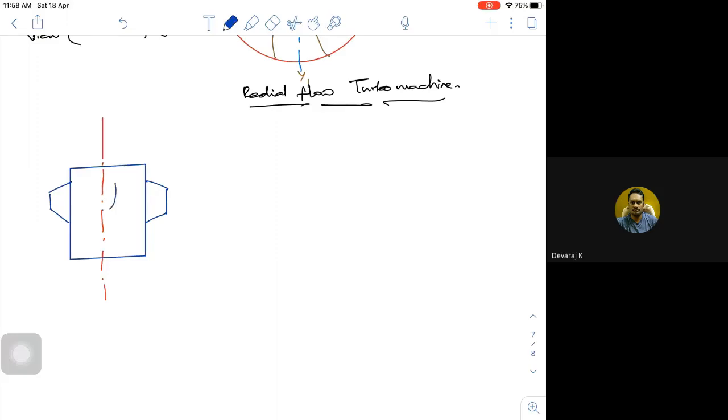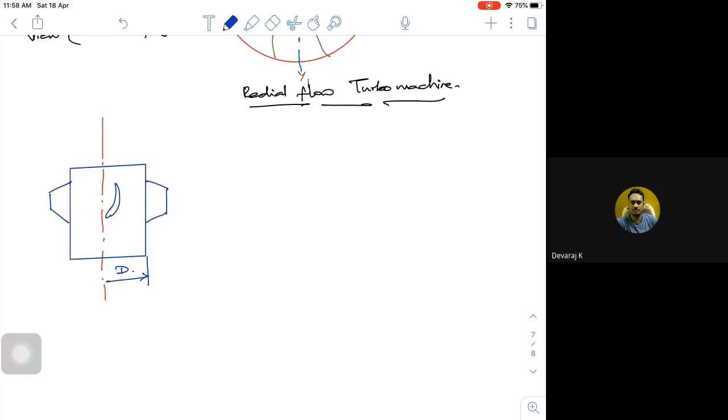If I look on the top, it will be like this. So on this, I'm just showing the side two. Now what happens in case of an axial flow machine, this is a particular diameter, usually the mean diameter. Now for this case, what we try to do is open it out.